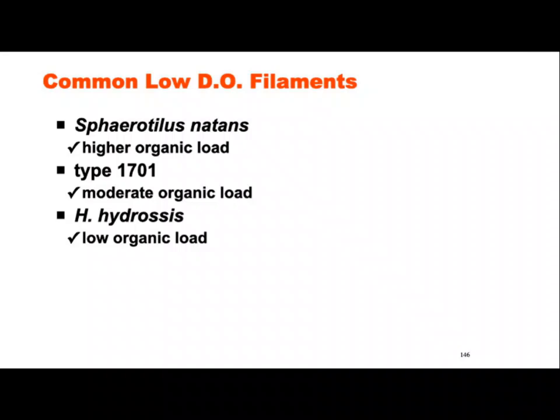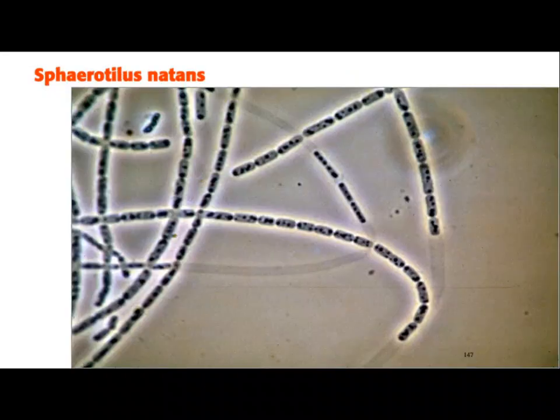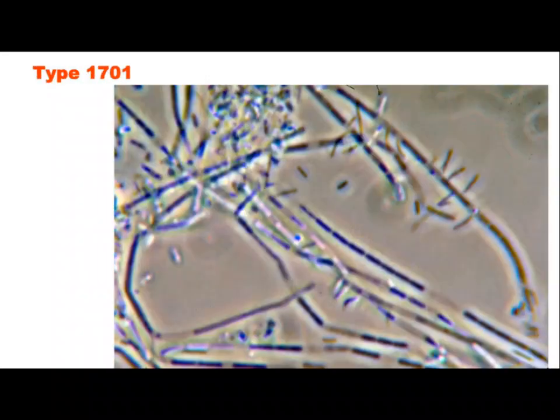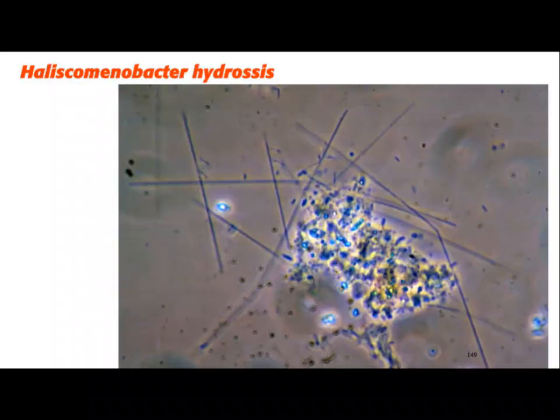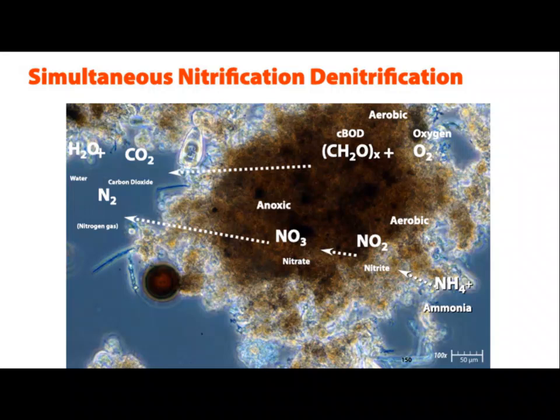So out of that came a school of thought that said, oh yeah, there are some low DO filaments that we can control with DO. That story was way overtold and overpromised, partially true, but largely kind of old news. But Sphaerotilus natans, an organism that we've had here in Texas, of course, type 1701, and Haliscomenobacter hydrossis, those are the three that have normally been called your low DO filaments.